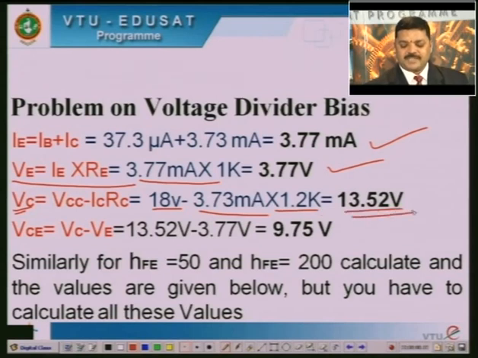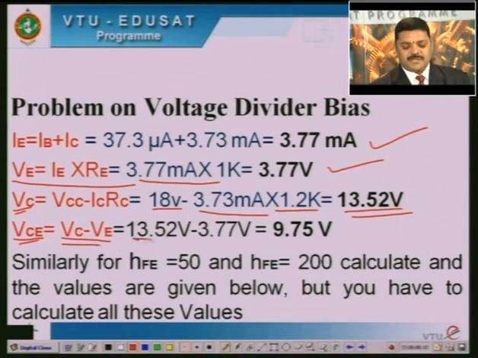Therefore, it is found to be 13.52 volts. So, what is VCE? Applying KVL to the output loop, we get VCE as VC minus VE. We can use this formula also: VC minus VE is VCE.